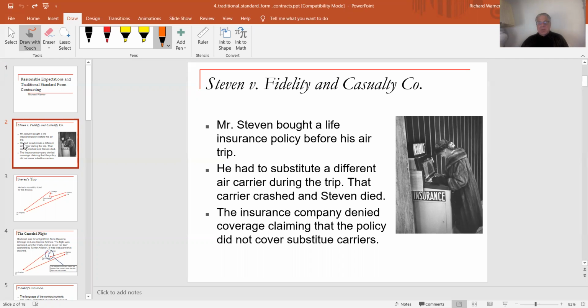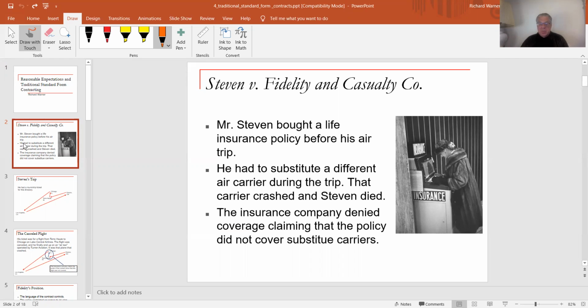Now, he has to substitute a different air carrier, a different airplane during his trip. There are multiple air flights that he takes, and one of his flights gets canceled and he has to switch to another air carrier for a replacement flight. That flight unfortunately crashes. Mr. Stevens dies, and his wife wants to collect on the life insurance policy he bought at the airport.